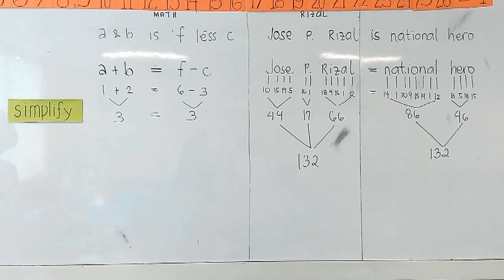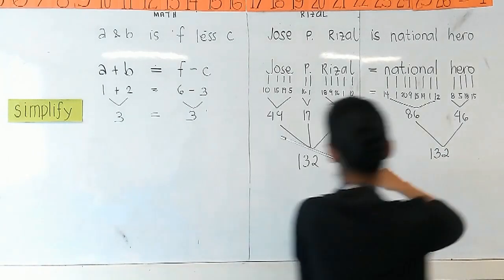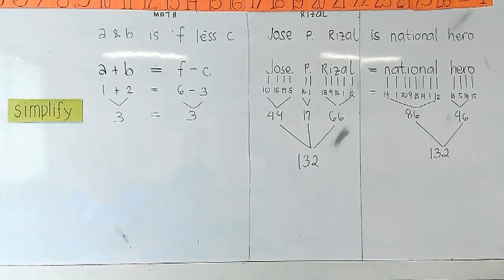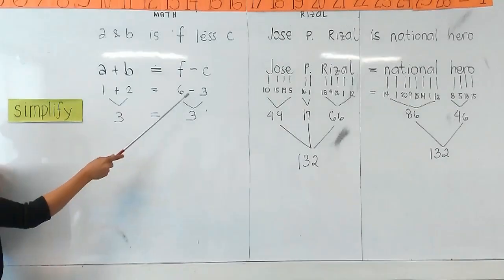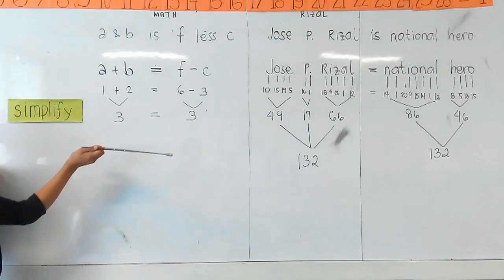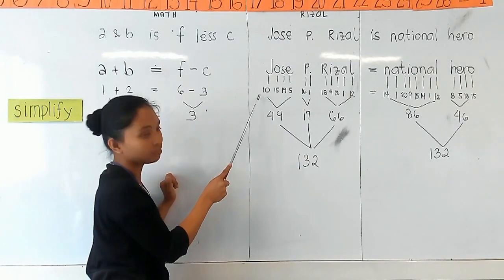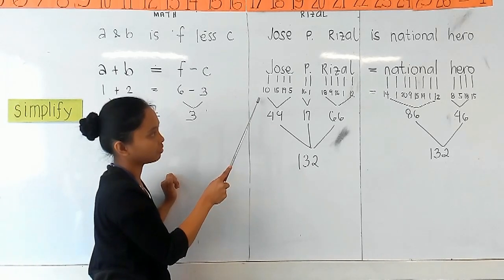After hearing all the given trivias and derivation, we have a strong connection between these numbers in the names of Jose P. Rizal. Our next step is simplify. In math, simplify 1 plus 2 is equal to 3 and 6 minus 3 is equal to 3. We add all the numbers or the equivalent of the letters.